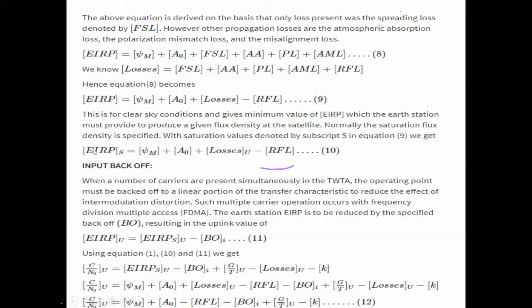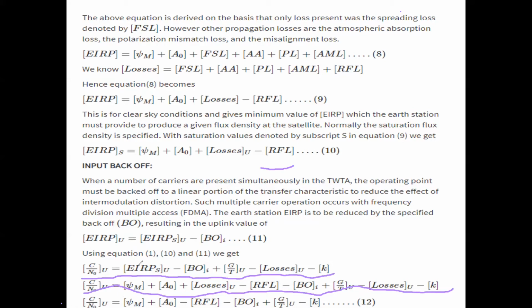So now you have the expression of EIRP in terms of flux density, and therefore the final expression that you may be asked to derive is C by N, uplink or downlink, in terms of power and in terms of flux density. As you can see, this back off is there here also.